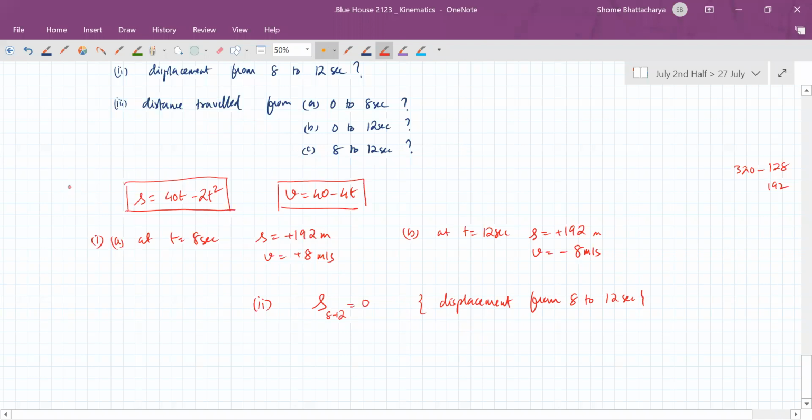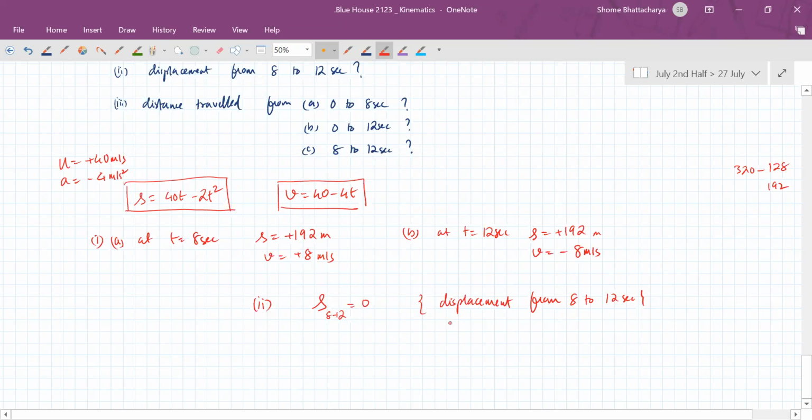So try to figure that out. Just as a hint, what's going to happen is that this object is going to initially slow down as it goes towards the positive direction, stop at some particular point of time, and then return back.